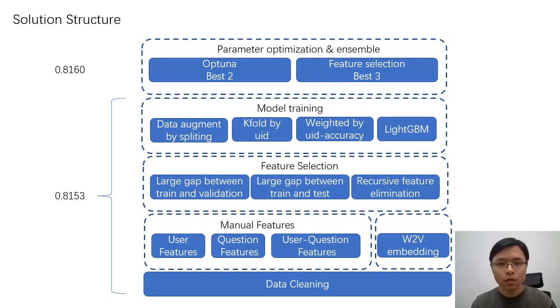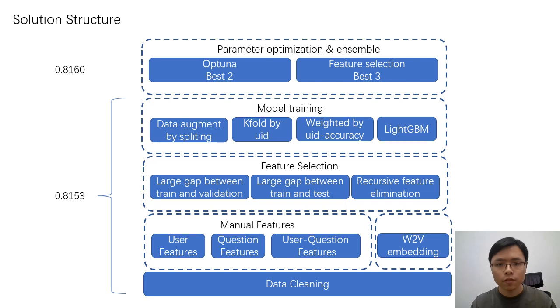In the feature engineering module, I have features of users, questions, and features between different users and questions. Besides, autoencoder embedding with question sequences can also improve the score a lot.